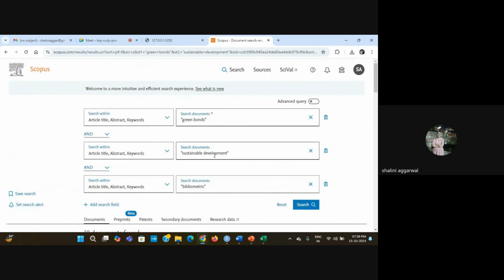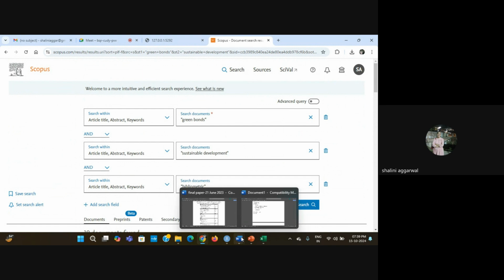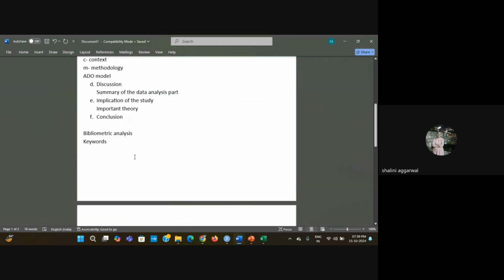Now, if you want to use this only, you again have to tell in your paper how your paper is different from other people, right? So this one paragraph is very, very important.